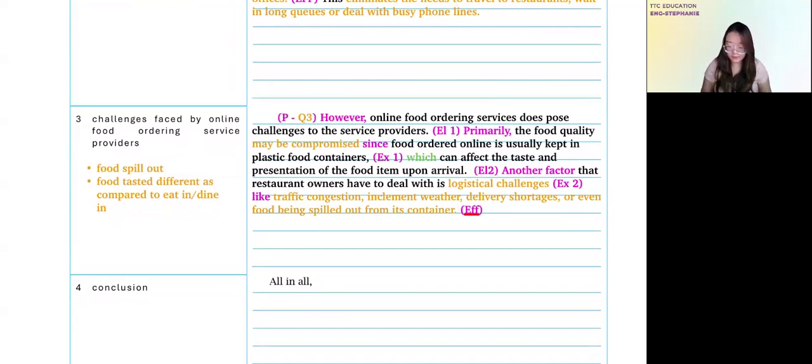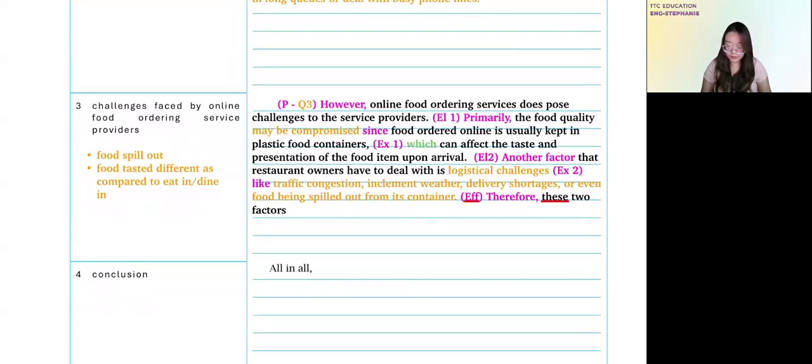So we come to the effects here. So therefore, it means eventually, okay? Therefore, these two factors can inevitably, inevitable means cannot, what do I say?